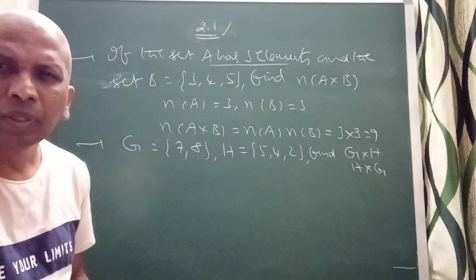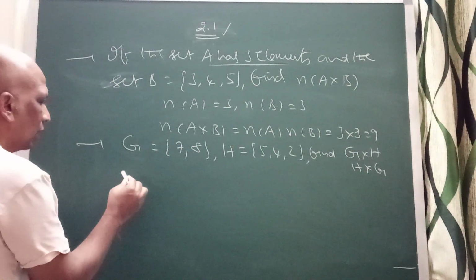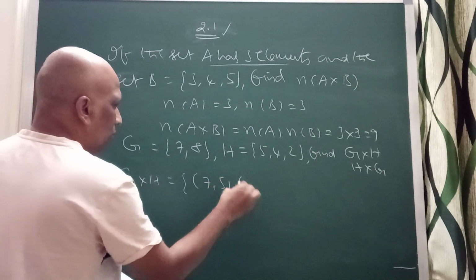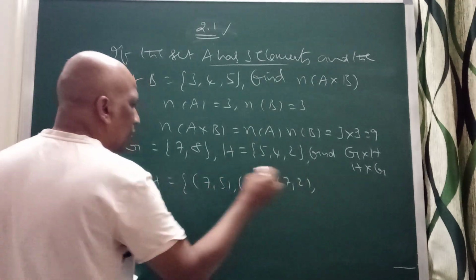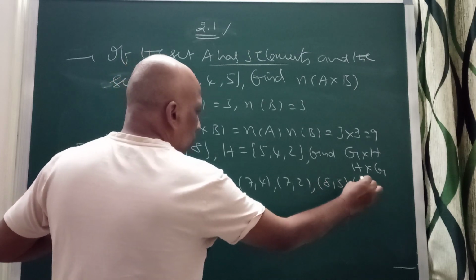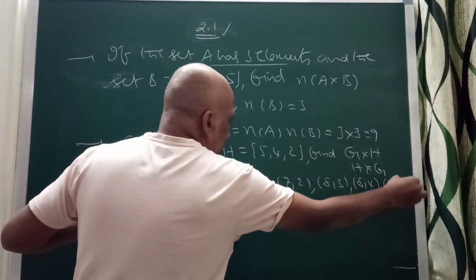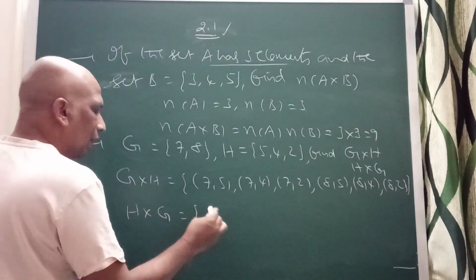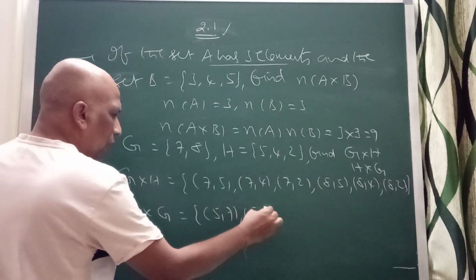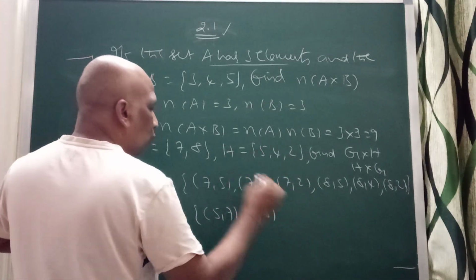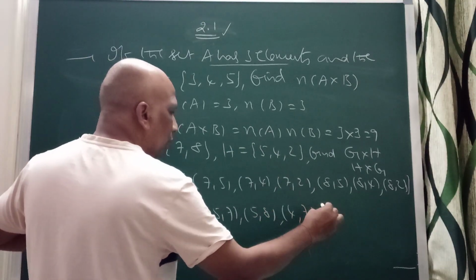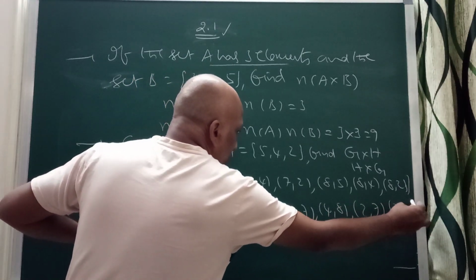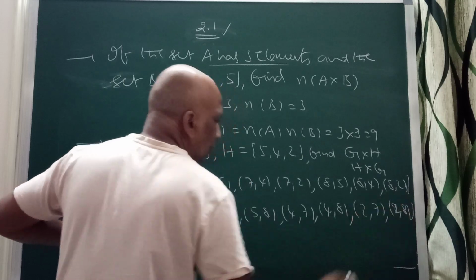I can write G cross H: take the first element, write (7,5), (7,4), (7,2), (8,5), (8,4), (8,2). Correct? Now you can find H cross G: (5,7), (5,8), (4,7), (4,8), (2,7), (2,8). Right? I can find it like this.